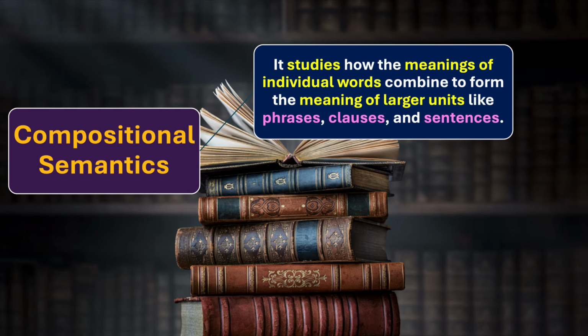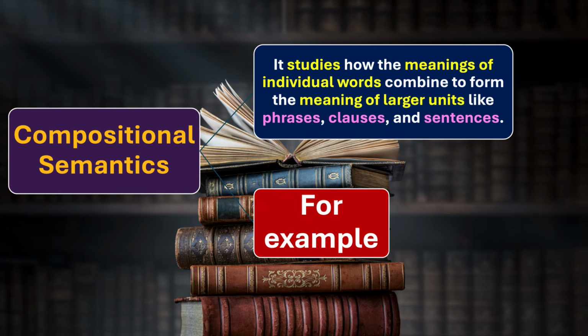Look, in any sentence we have words, but mere words do not make up a sentence. First, a group of words form a constituent known as a phrase. Then a group of phrases make a constituent known as a clause. And then clauses help us form a sentence. That is the point here.